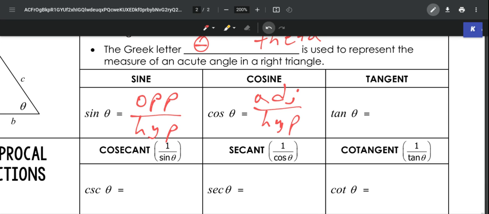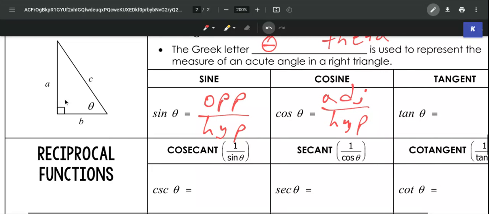If we look at our triangle again, the adjacent side to this angle is the one that's directly beside it. Basically, it's the one that's not opposite and not the hypotenuse. So that would be B here, and our hypotenuse is still C. So this would be B over C.